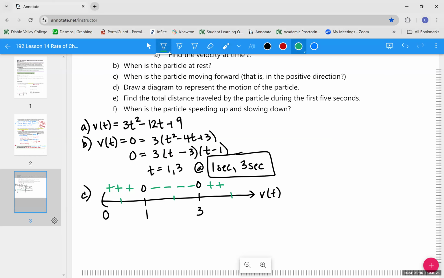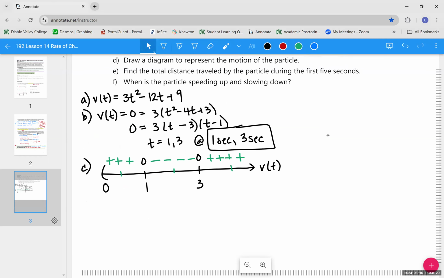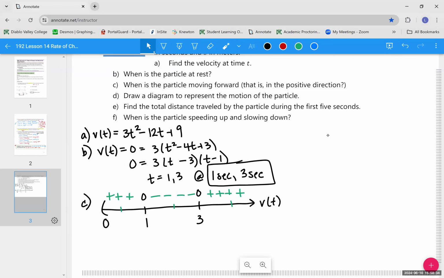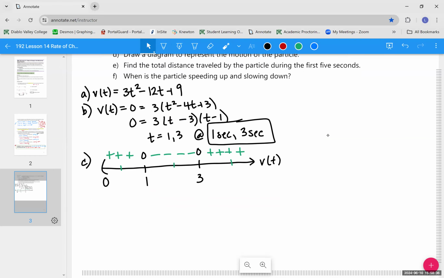So my velocity will be positive there. So this sign chart is going to come in helpful to answer any questions. This particular one asked us, when is it moving forward? And so I can report that it's doing so on 0 to 1 and on 3 to infinity.